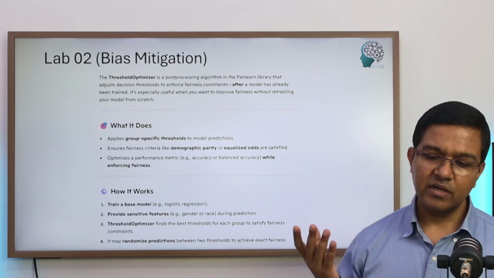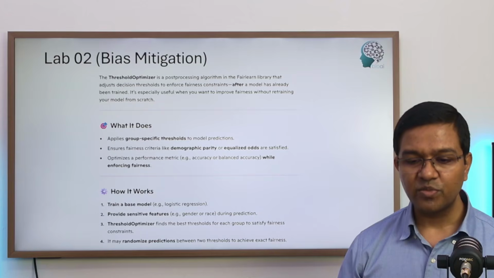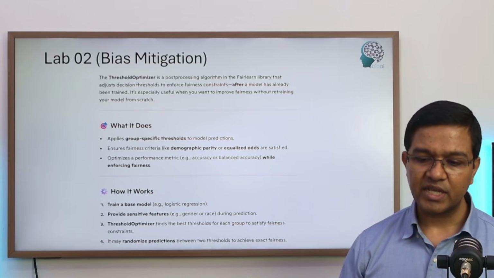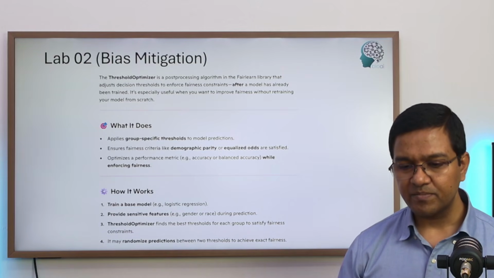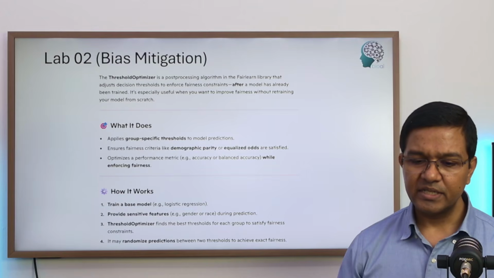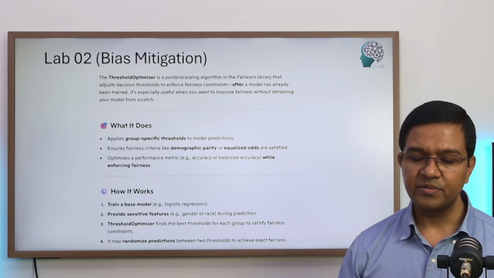Then there is the post-training approach, the threshold optimizer, which is a post-processing algorithm. Once the training is done, how do we do the bias mitigation? Again, the Fairlearn library helps in adjusting the decision threshold, so you can enforce the fairness constraint after the model has already been trained.